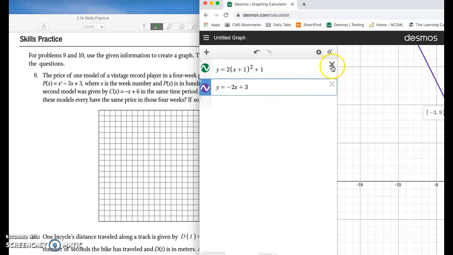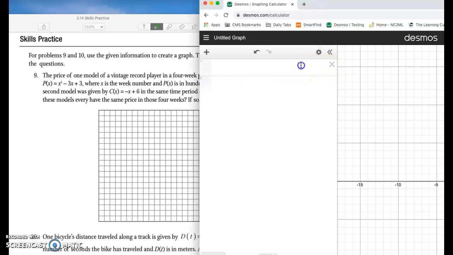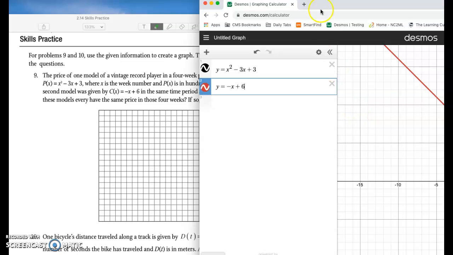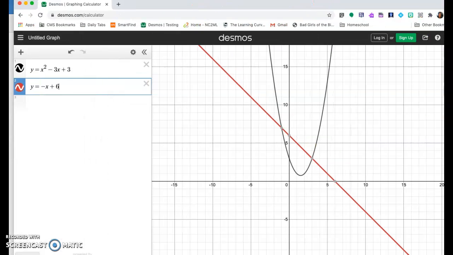So again, we're going to go back to Desmos and we need to graph these two functions. I'm going to call it y equals x squared minus 3x plus 3. And then the second one, y equals the opposite of x plus 6. So now we should be able to see our 2 points of intersection.